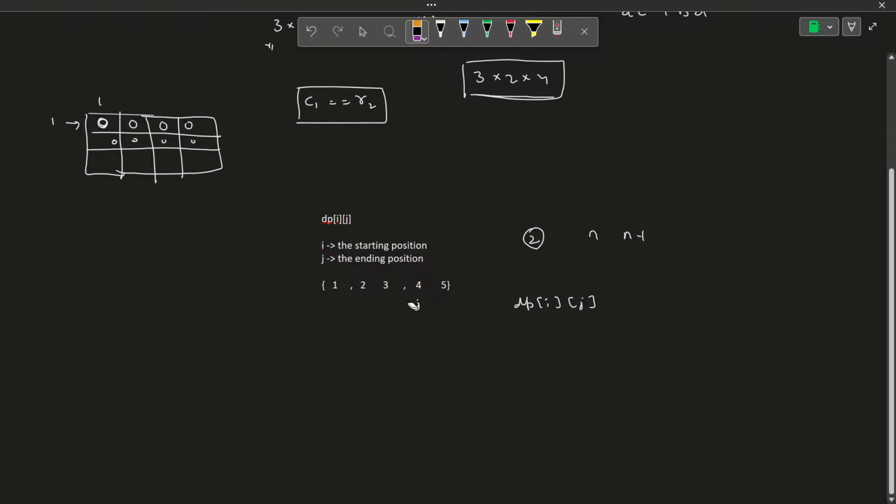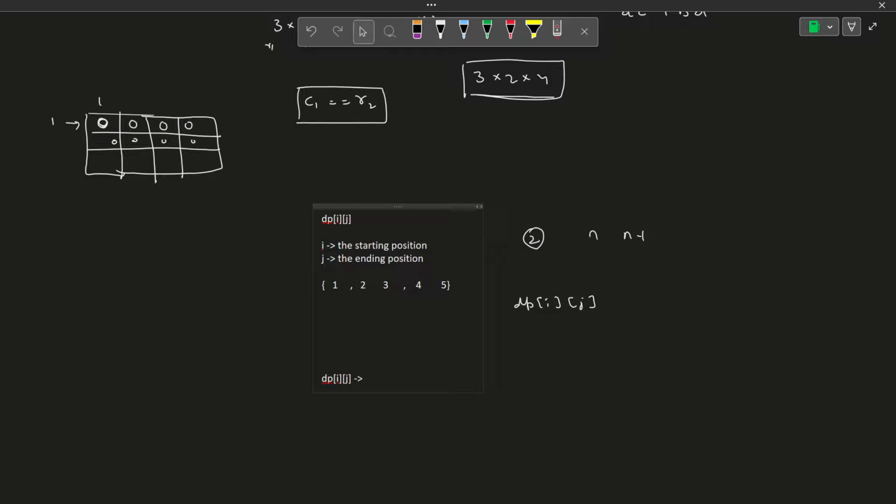Now let us discuss how we are going to find the answer for dp of ij, right? For that we need to write the transition functions. So let's say dp of ij, we know that it is going to give us some answer by following a series of steps. We don't know what those steps are yet, but we can very well figure out what the last step could have been.